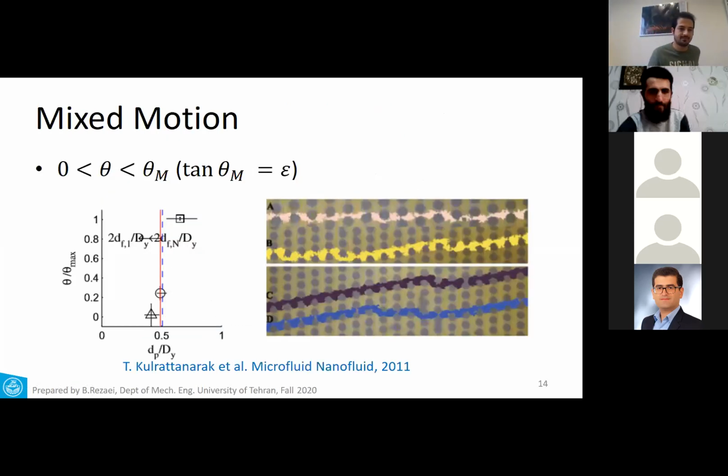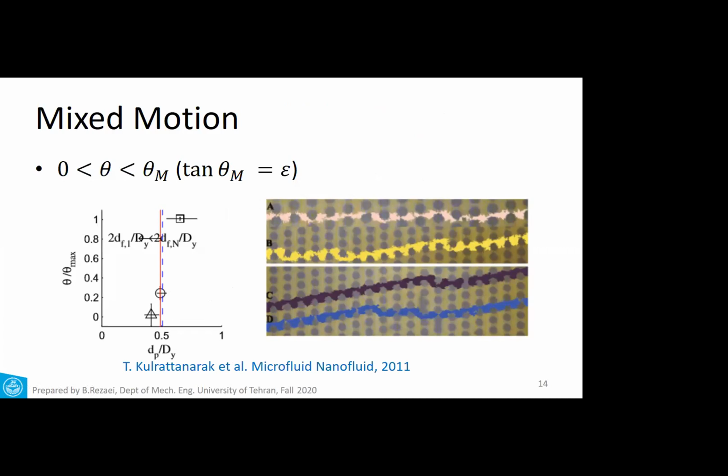Okay, I'm sorry. There is a third motion mode, and it is called mixed motion. As I told you before, if a particle is smaller than a critical value, it should go zigzag, like the one that is colored here in, I think, pink, and it is labeled A in the right picture.